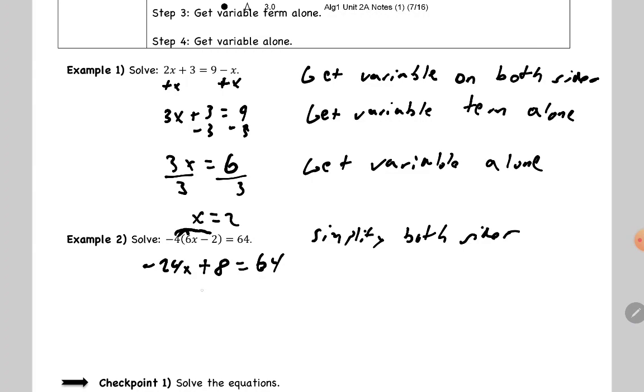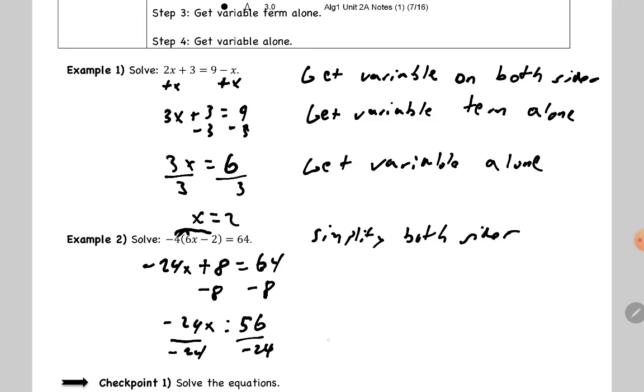Subtract 8 from both sides and get negative 24x equals 56. Well, actually, first we have to divide by negative 24 on both sides.